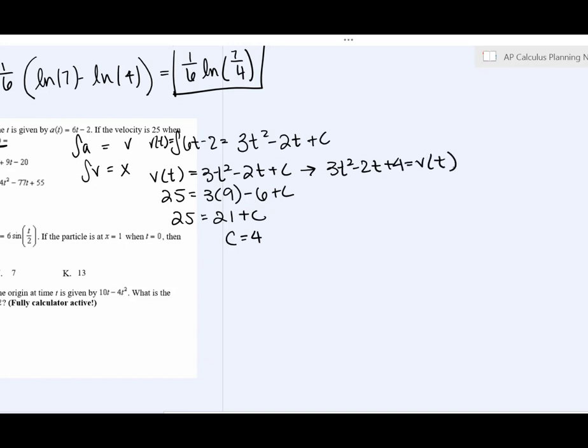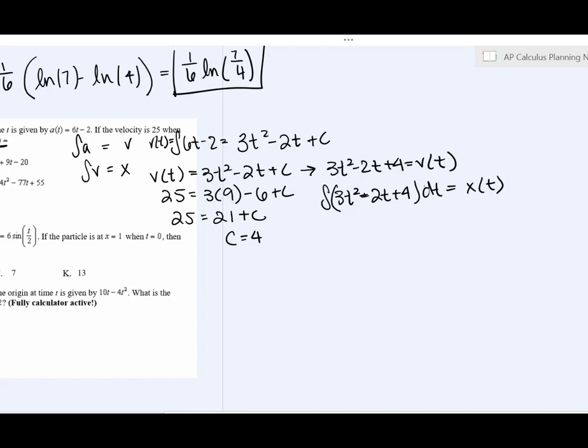Now, it didn't ask us to find velocity, it asked us to find position. So I know that x of t is the integral of 3t squared minus 2t plus 4, this is all in terms of t, and this equals x of t, or position. So when I start integrating this, we say dt because remember, this is the derivative.